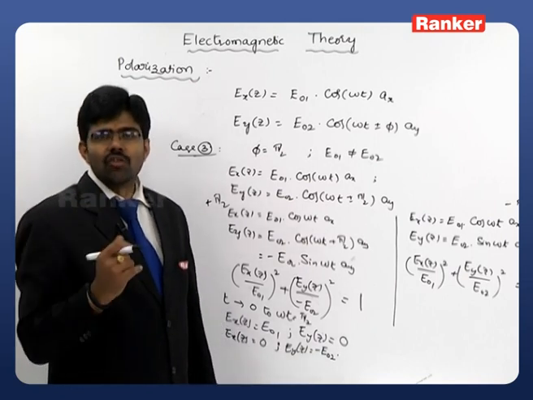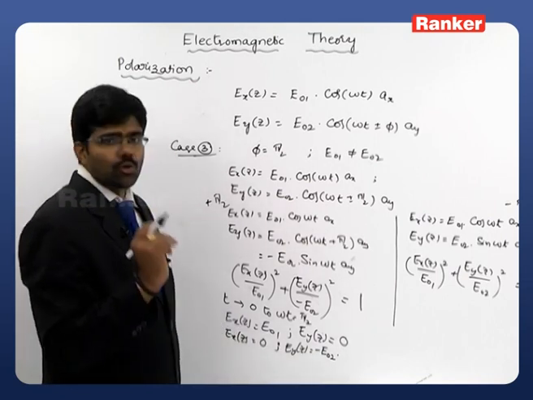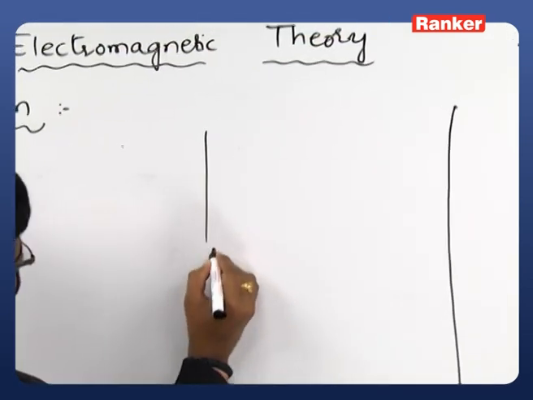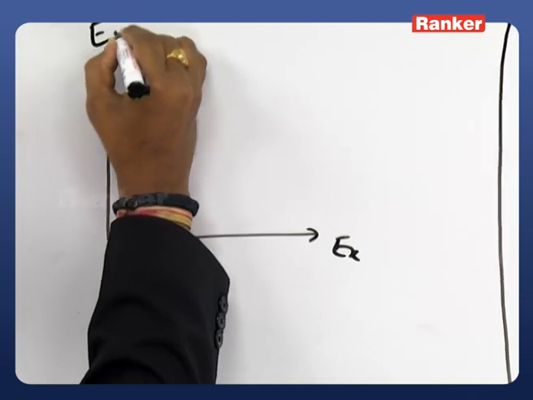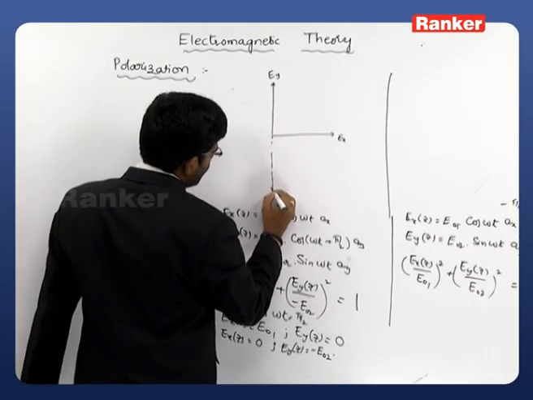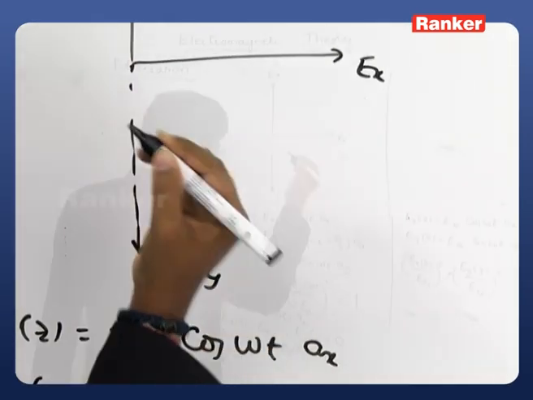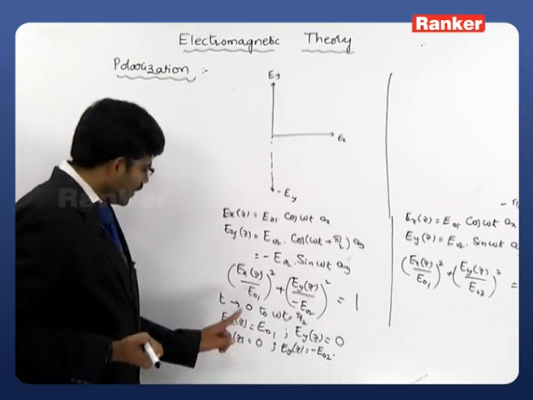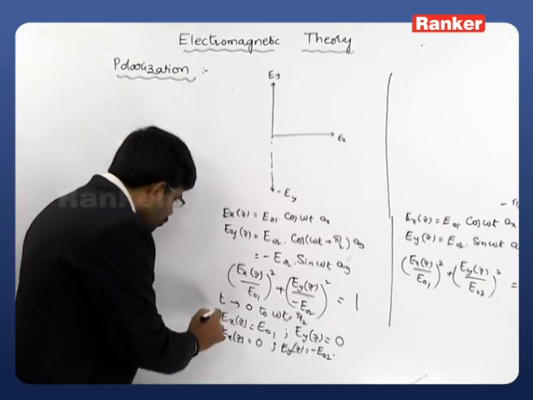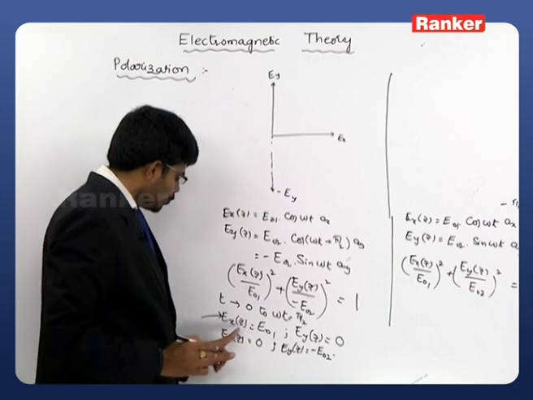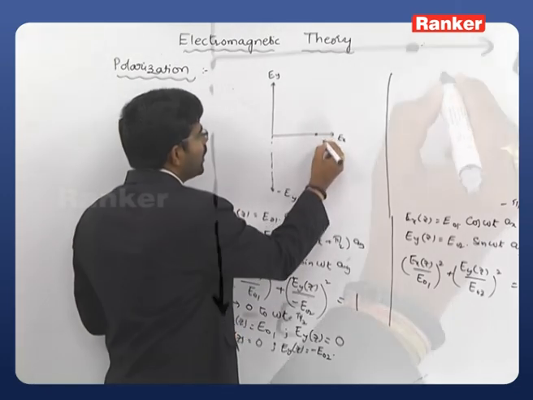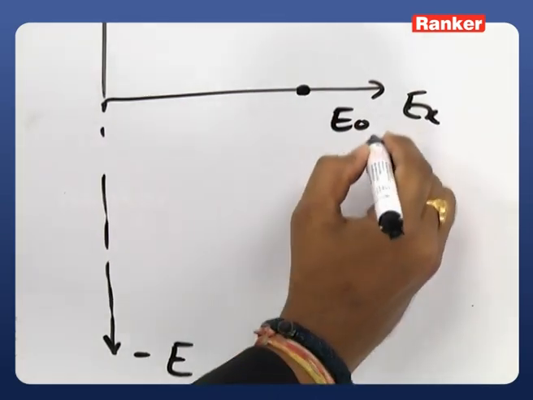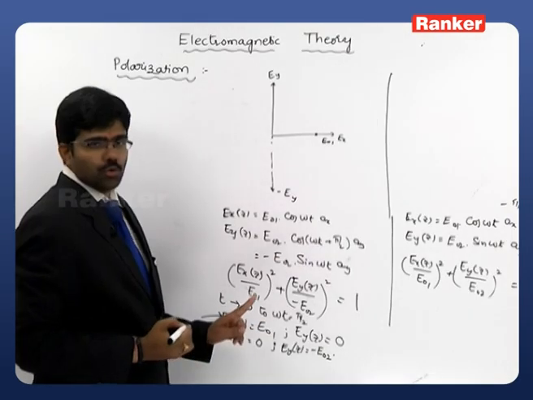So if you draw the graph between x and y, simply it looks like this. Let us take this as our Ex and Ey, and on the negative side it is minus Ey, right. Initially at time t equals 0, Ex of z equals E naught 1, that is the amplitude, right.